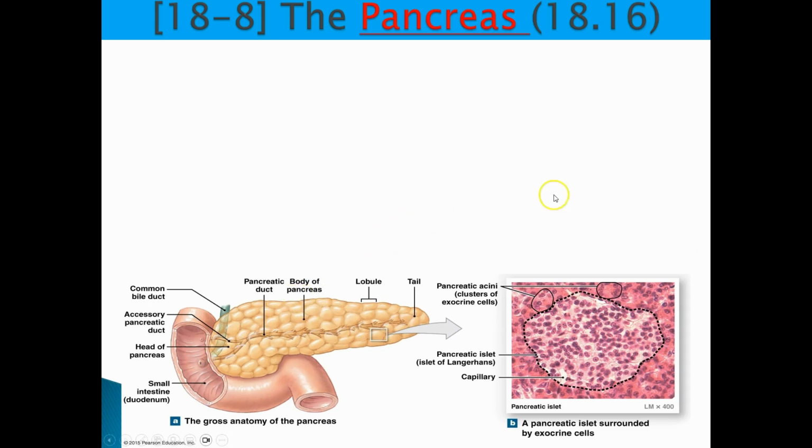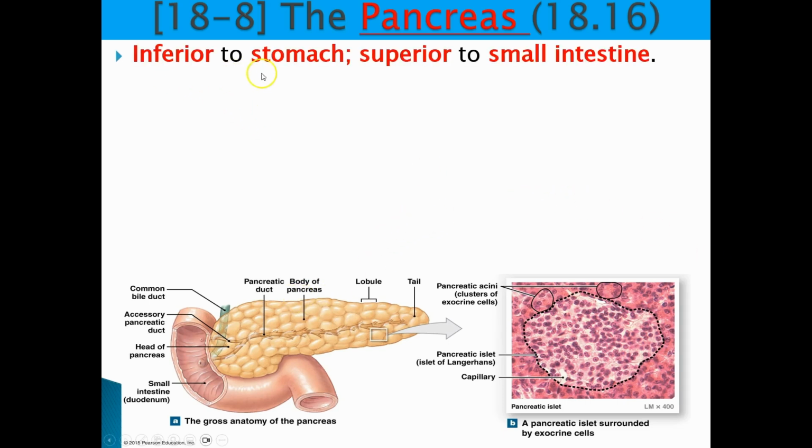All right, but as far as anatomical descriptions, you should know that it sits inferior to the stomach. It is technically superior to the small intestine, and if you notice, it's technically medial to the duodenum. So the duodenum is this little region right here of the small intestine. And since this is early, we instructors often like to pose a question: is this endocrine or exocrine?